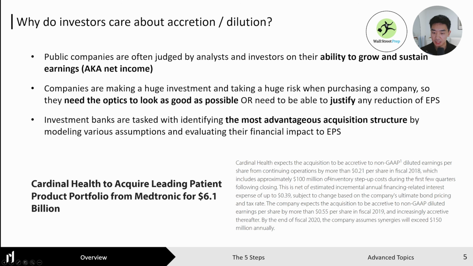And then there's other things like $100 million of inventory step-up costs, which is related to synergies, I believe. And then incremental annual financing. So there's a bunch of things, but the main point is that in a press release, whenever a transaction is announced, usually there is some mention of earnings per share if it's a public company.